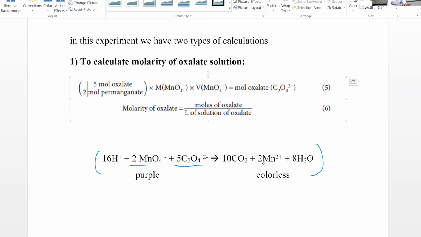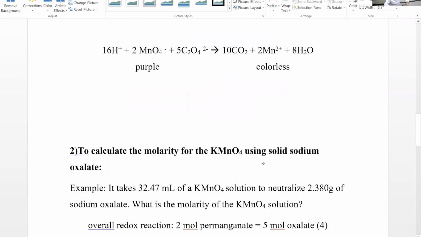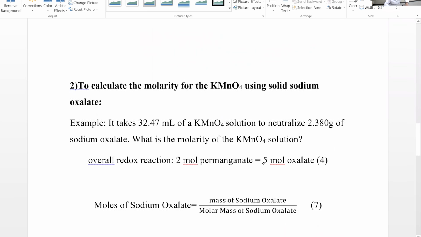But the first drop definitely is going to be a slow reaction. So you can find the concentration of oxalate ion. If you do the titration, you find the volume for permanganate, you have the concentration for permanganate. Use this equation number 5. In the lab manual, it's also equation number 5 and 6 for that.